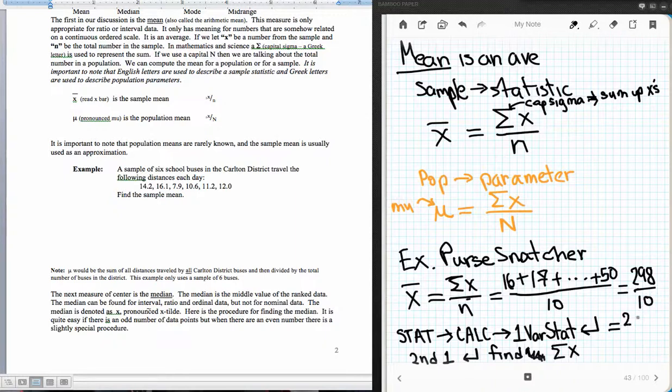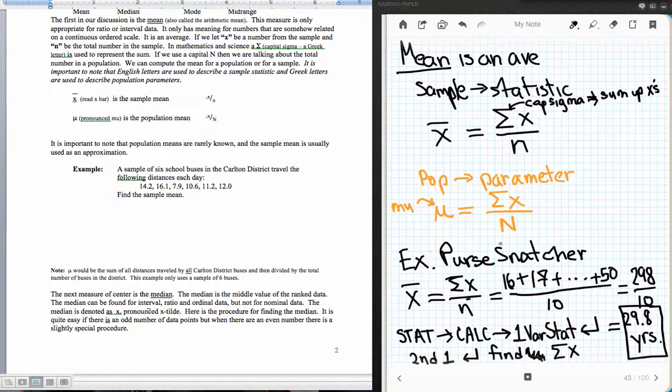Now your calculator, the first thing listed is actually x bar, and I don't want you to write just the x bar based upon, oh, it tells me what the mean is, I'll just write it down. I actually do want to see all of this work when you're in my class. And so we have 29.8 years, and that is the mean of the purse snatcher data. So that's as simple as it is.